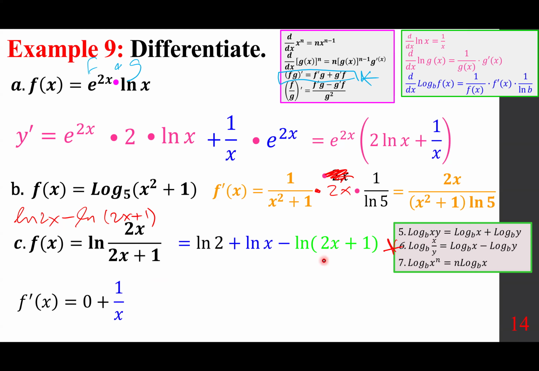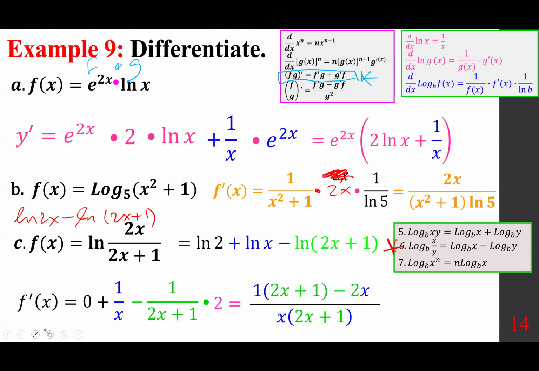This one, flip it over, so minus 1 over 2x plus 1, and then times 2 by the chain rule. Obviously, x times 2x plus 1 is the common denominator. Now, this is the only calculus step. 1 times 2x plus 1 minus 2 times x, and 2x plus 1 minus 2x. These two cancel each other, and we are done.